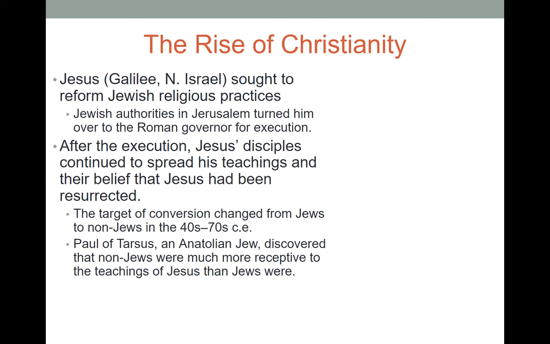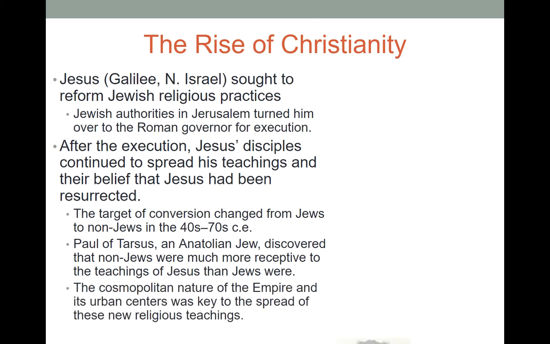And the Roman Empire was so cosmopolitan by nature. There were roads that were paved everywhere. It was very easy to travel throughout. It was very easy to find people to convert. After Paul dies, another follower, Peter, also begins converting, and he begins leading a Christian community.